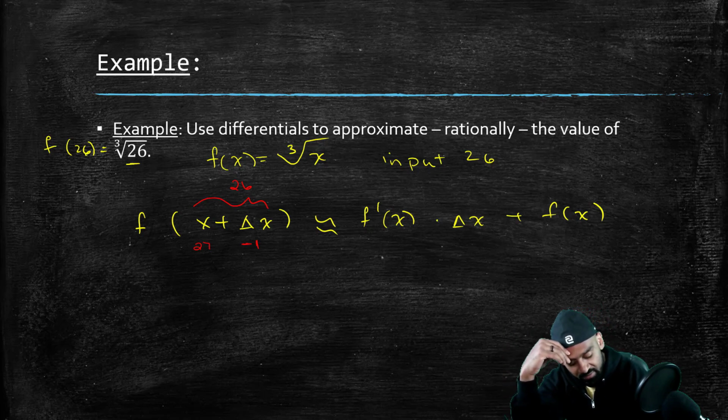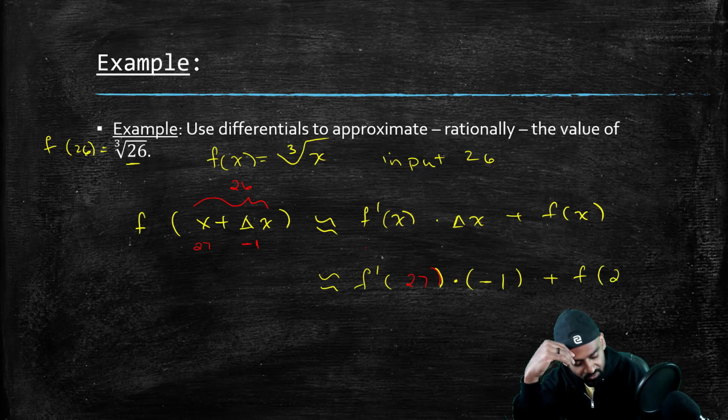So that means that effectively what we're going to have here is f of 27 plus negative 1, which is 26, by the way. This will be approximately f prime of 27 times the change in x, which is minus 1, plus f of 27.